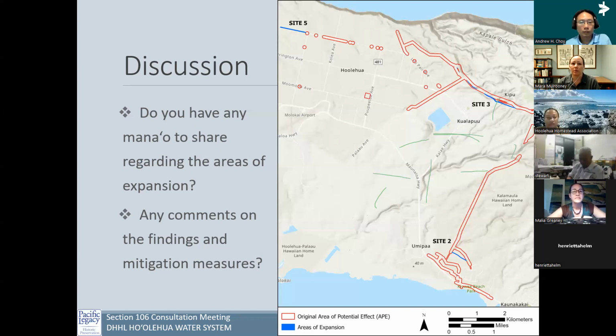And so, again, we didn't identify any physical remains of those sites during this project, but I would recommend that this area be identified as probably a cultural landscape would be the appropriate designation, given the knowledge about the activities in this area. Of course, that is a lot of work, but we'd be happy to help in whatever way that we can.